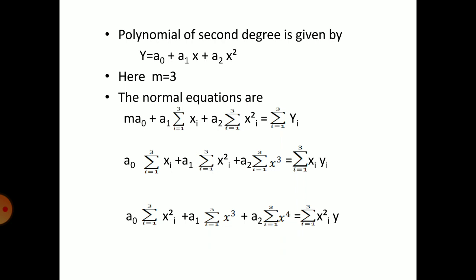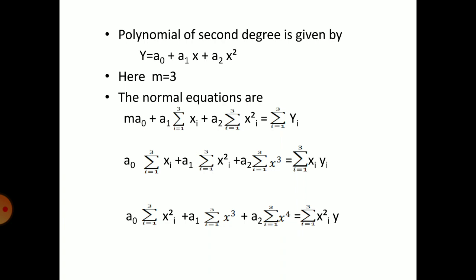And then we shall use the normal equations, because we have to fit a second degree polynomial, which is denoted by y is equal to a0 plus a1x plus a2x square. Here 3 points are given, therefore m is equal to 3. Therefore there are 3 normal equations, and we can substitute the values from the table.